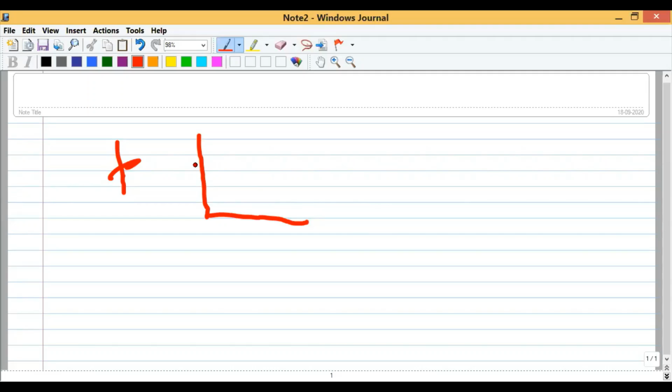And this is your time axis. If you provide some constant stress here, and now it is released, stress released, this kind of material can be considered as what.